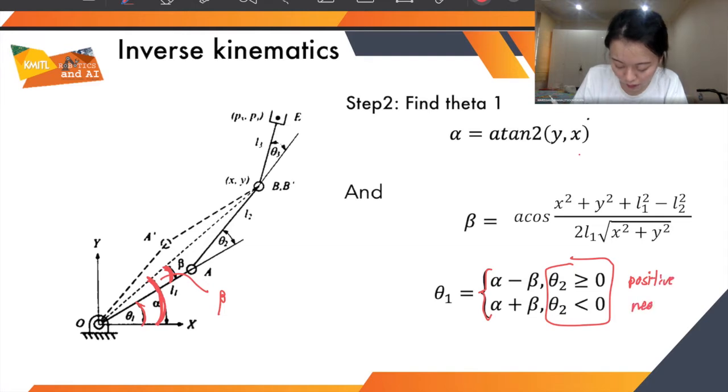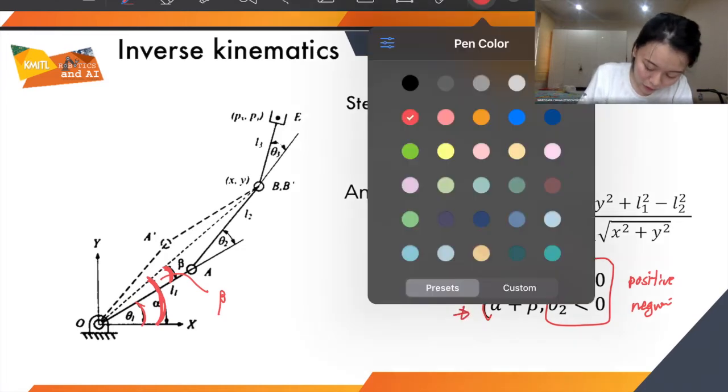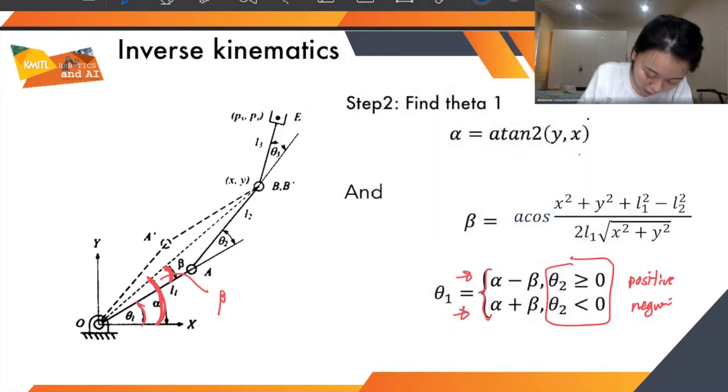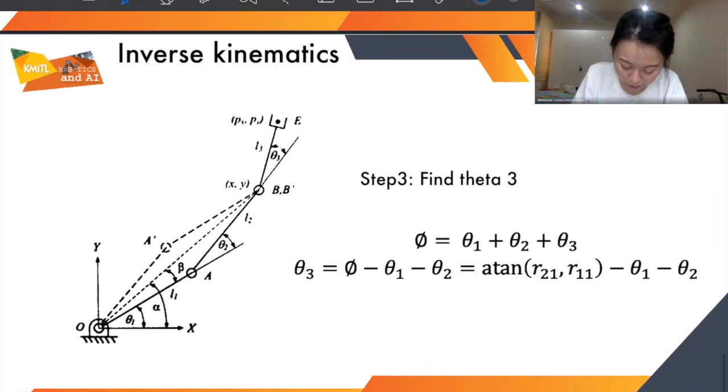So two values are possible. As you can see from this picture, there are two ways the robot links can be, here and here. This is the positive and negative value. And third is to find theta 3 by summing up and subtracting.